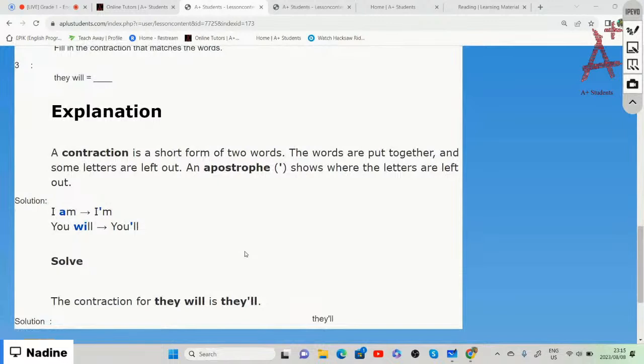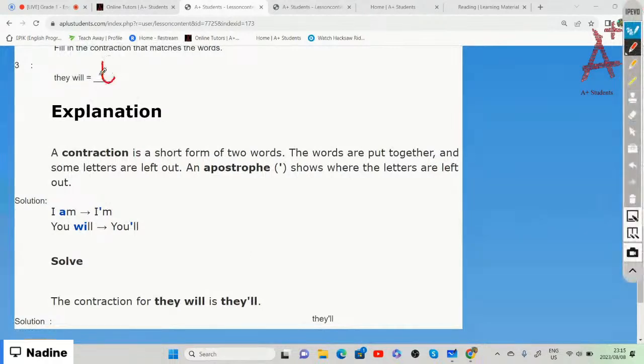If we shorten they will, we say they'll. So we have they, and now we leave out W and I, we put the apostrophe, and we put the double L. So they'll is the contraction or the short form of the two words they will, right?